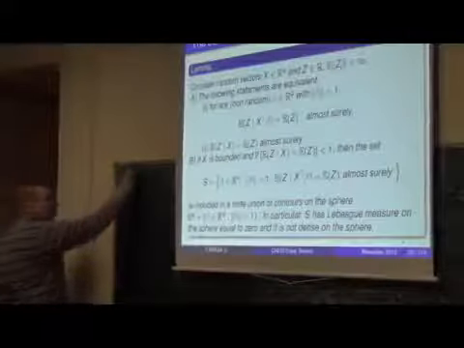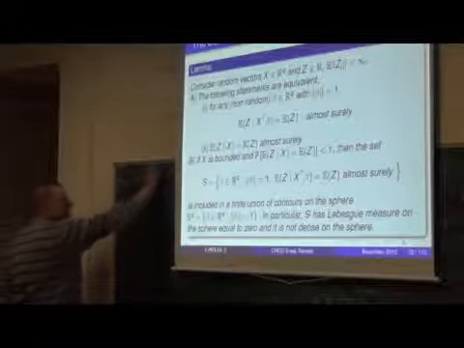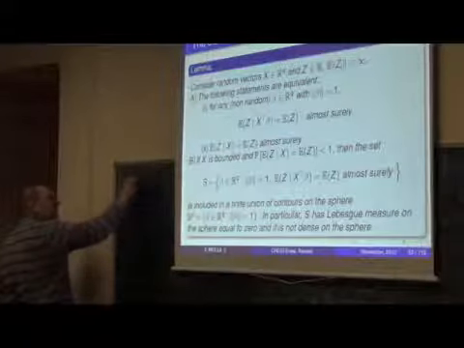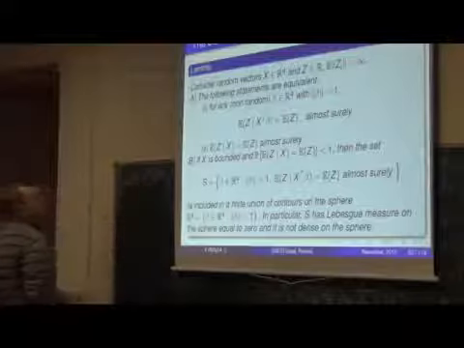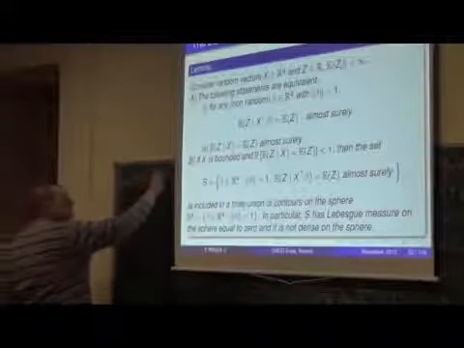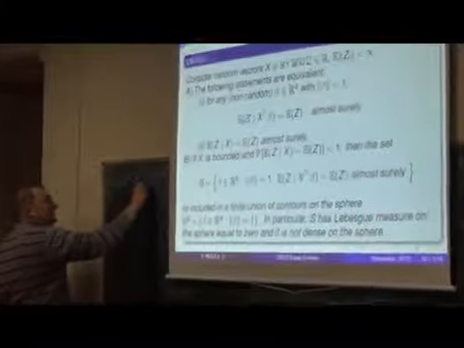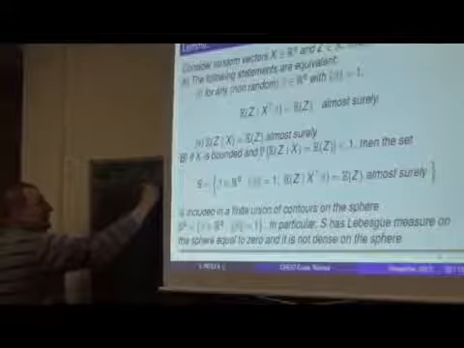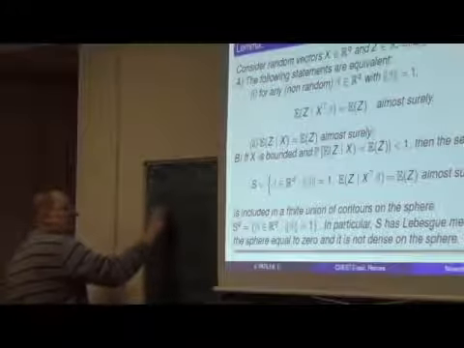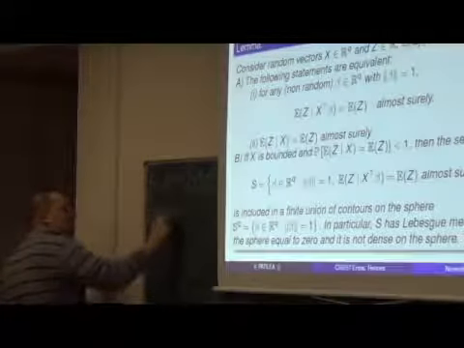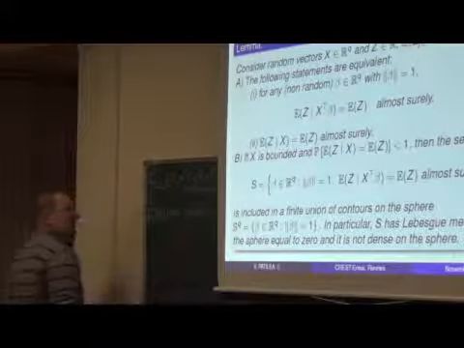Let's take Z of X, a random vector in R times R cubed, and let's say the expectation of that is 0, to simplify things.